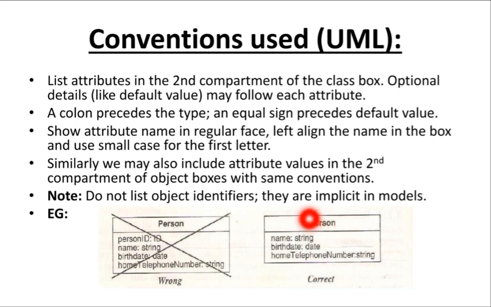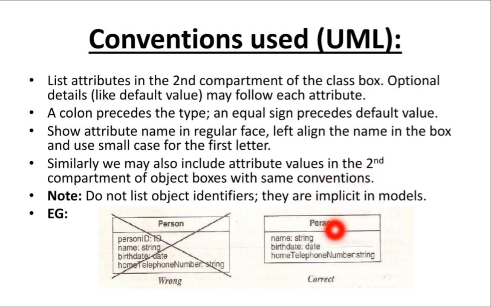There is no need to represent that identifier information because they are implicit. Implicit means that for every object, an identifier is compulsory, so there's no need to include it once again. Not necessary.